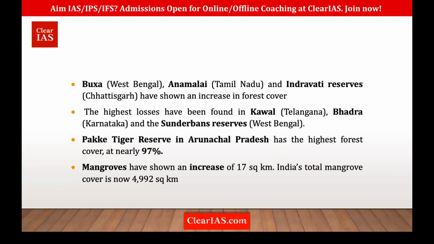The important tiger reserves mentioned were Buksa in West Bengal, Annamalai in Tamil Nadu, Indravati in Chhattisgarh. Kaval in Telangana had a decline, Bhadra in Karnataka, and Sundarbans in West Bengal had a decline. Pakki in Arunachal Pradesh has almost 97% area under forest cover. And mangroves have increased by around 17 square kilometers. Clear?